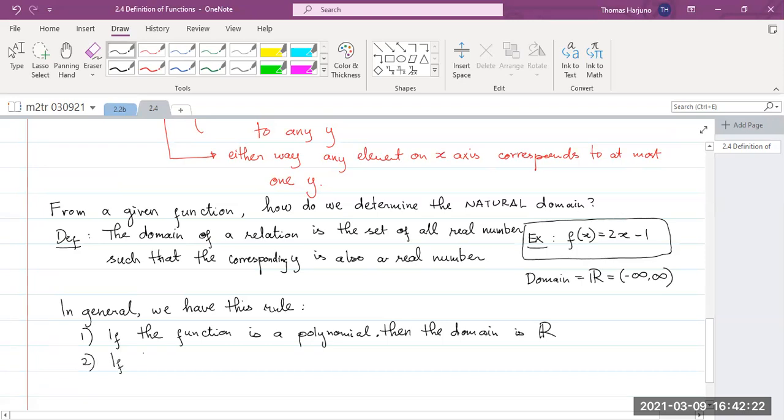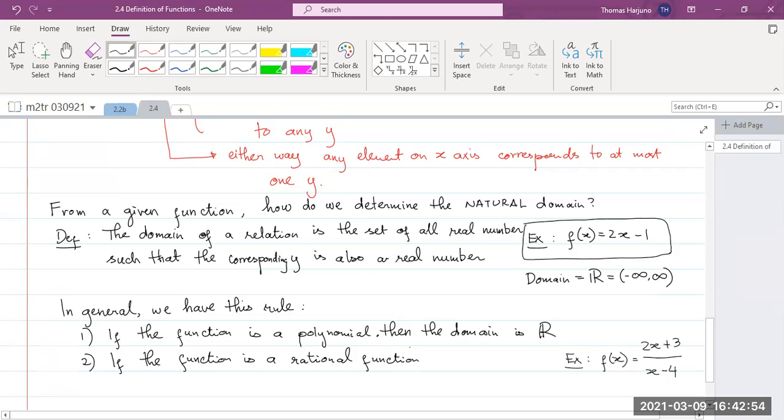If the function is a rational function, let's say, for example, for instance, we have f(x) equals 2x plus 3 over x minus 4.